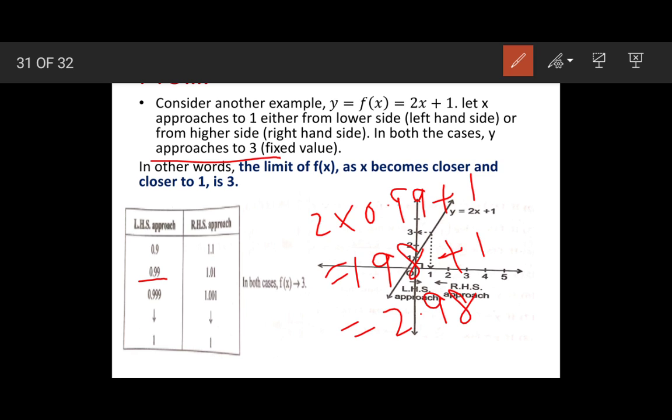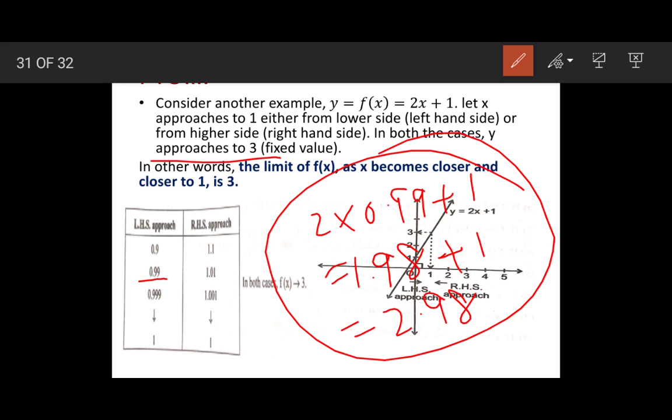Again that approaches 3. Now this is the concept of limit. When x approaches 0.999, then y is again close to 3. All these values are close to 1.